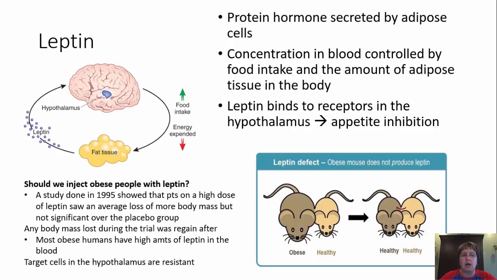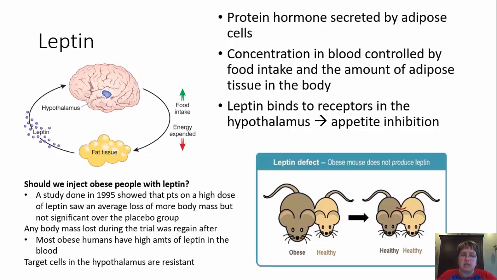So if you eat a very fatty meal, or if you have a lot of fat tissue, then your body should, with this leptin and hypothalamus reaction, be able to stop you from eating and tell you you're not hungry anymore, and so then you take in fewer calories.